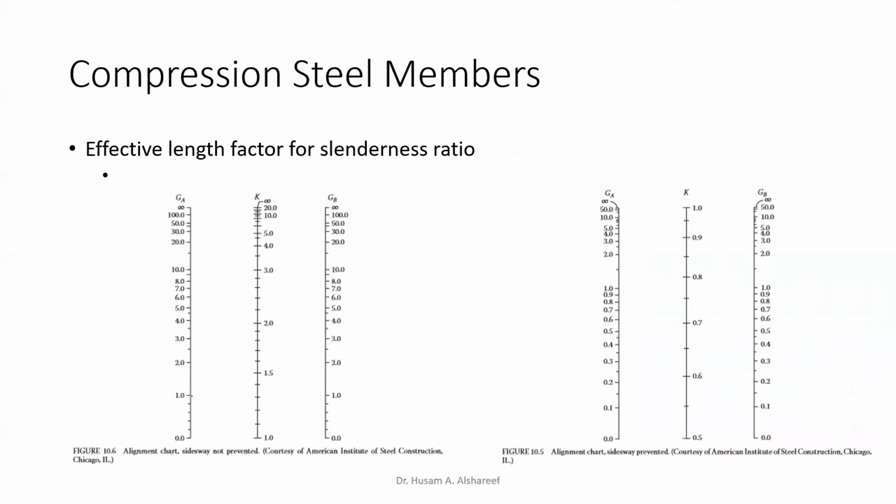So we have GA is 1 and GB is 1.05. I would assume 1.05 is here, and 1 is here. If I connect this point to this point, it should be here, and this goes 1.1, 1.2, 1.3. So this is 1.3.